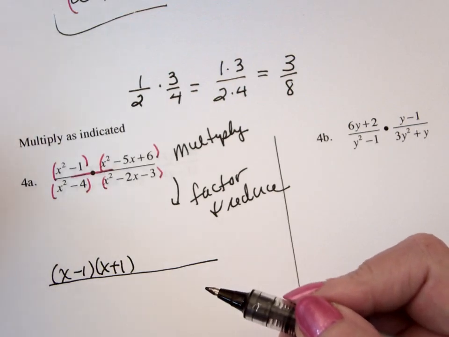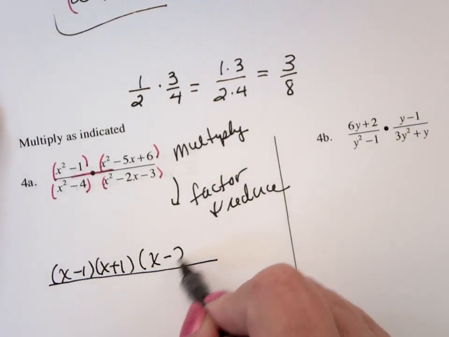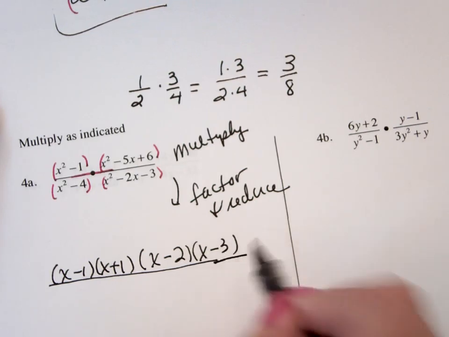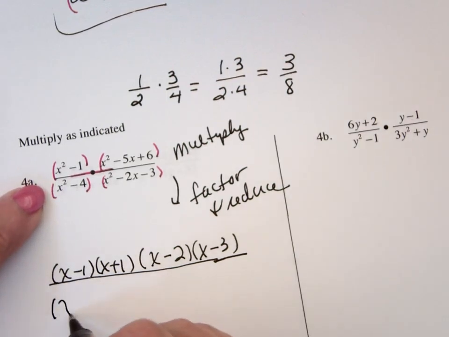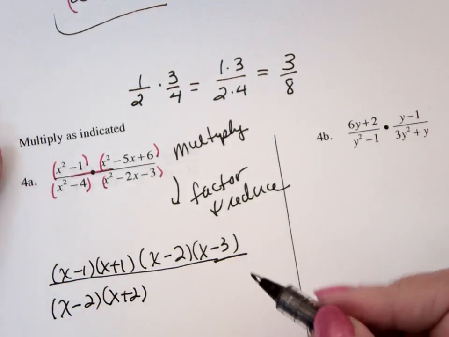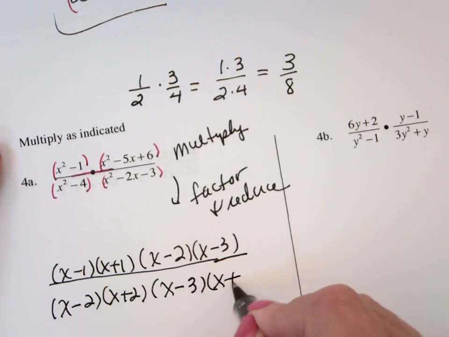And x squared minus 5x plus 6 is x minus 2 times x minus 3. Denominator, x squared minus 4 is the difference of squares, x minus 2 times x plus 2. And x squared minus 2x minus 3 is x minus 3 times x plus 1.